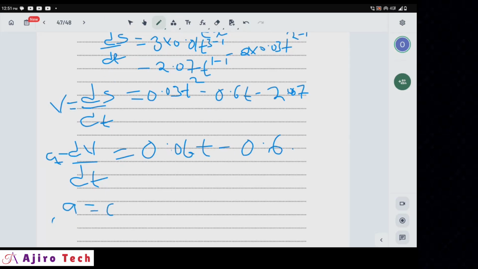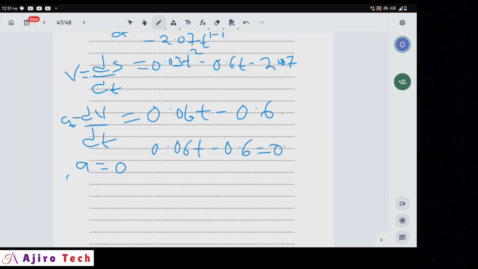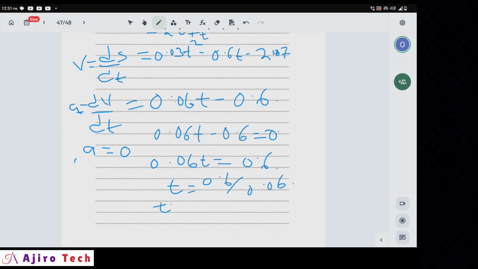So I will equate this to zero to give me 0.06t minus 0.6 equals zero. Then 0.06t equals 0.6, and then t should be equal to 0.6 over 0.06. So my t will be equal to 10 seconds.